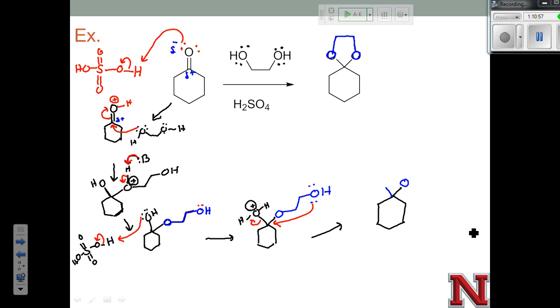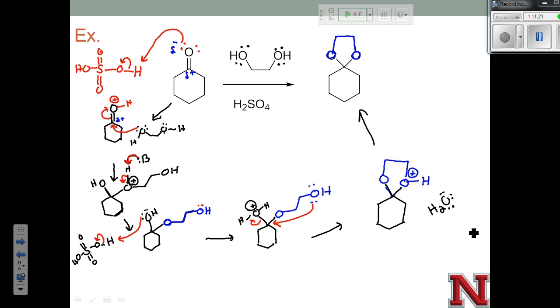Oops, that's supposed to be dark. It almost looks like our final product, except we need to do our final deprotonation to remove that hydrogen from that alcohol. And that'll form our final product. And again, we have water floating around, so it's likely just going to be water. And remember, H2SO4 is dissolved in water.